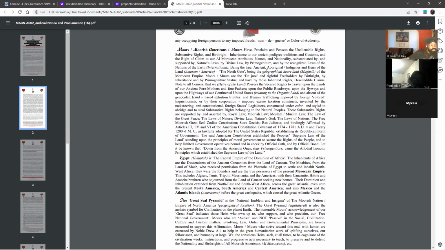Being the true, ancient, aboriginal, indigenous, and heirs of the land, America of Mexican America, the North Gate, being the geographical heartland, Maghreb, of the Moroccan Empire, Moors are the de jure and rightful freeholders by birthright, by inheritance, by primogeniture status, and have by those inherited rights descendable claims.